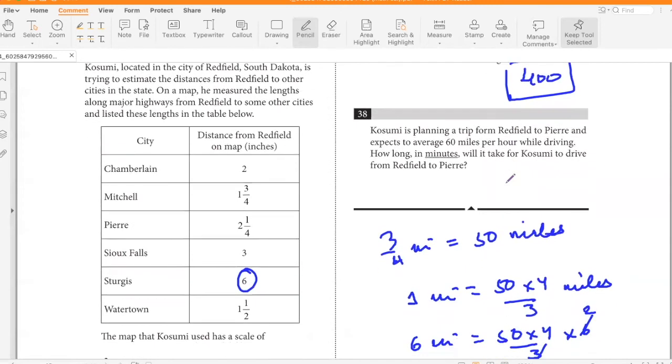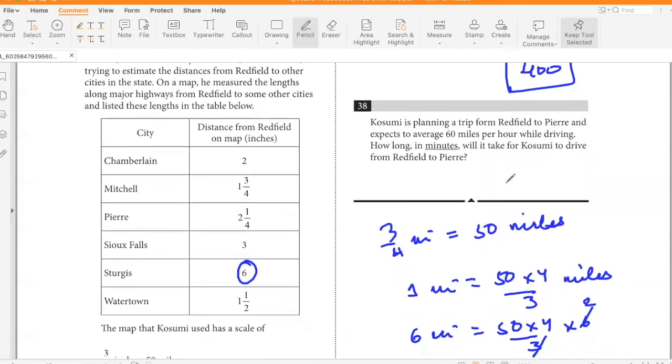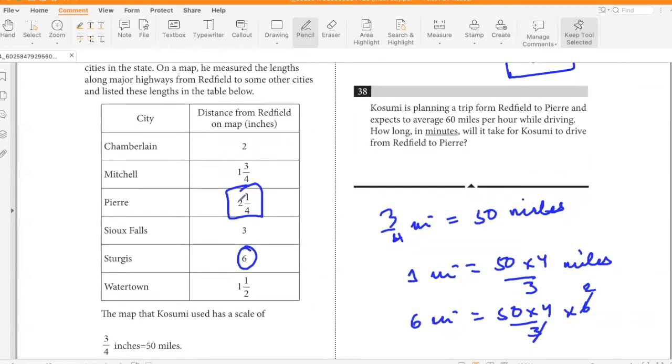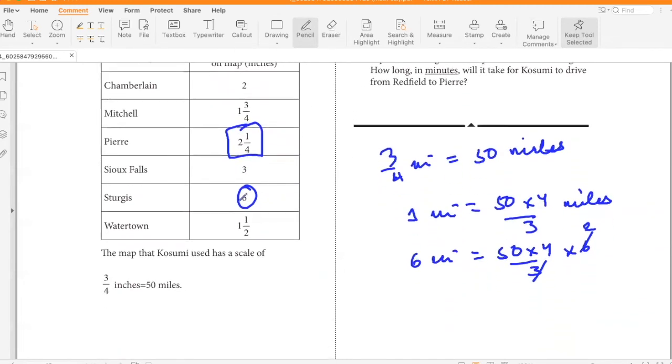Kosumi is planning a trip from Redfield to Pierre and expects to average 60 miles per hour while driving. How long in minutes will it take for him to drive from Redfield to Pierre? So the distance is 2 1/4 inches. So that will be 2 1/4 inches is 50 into 4 by 3 times 9 by 4, right?